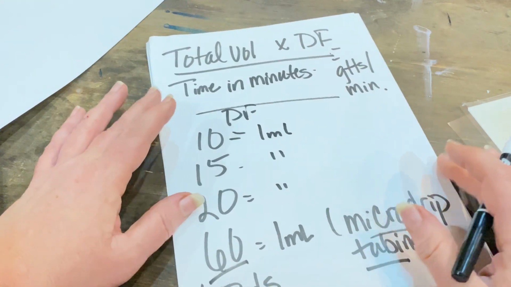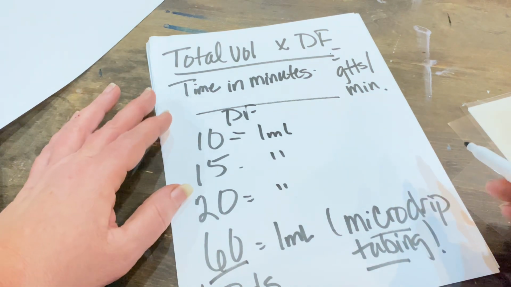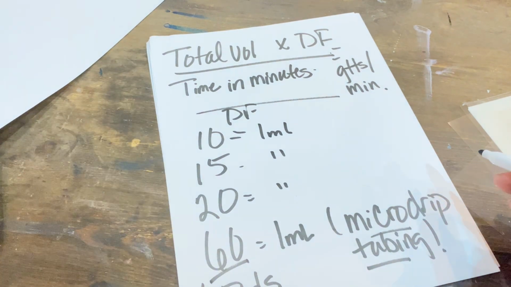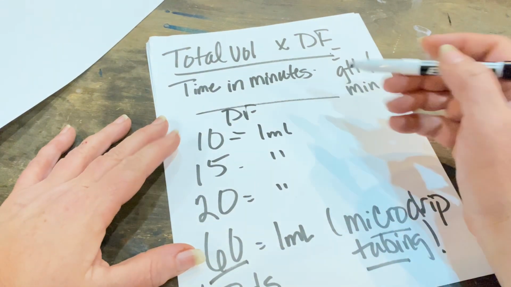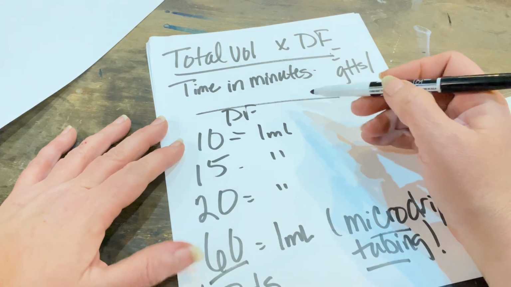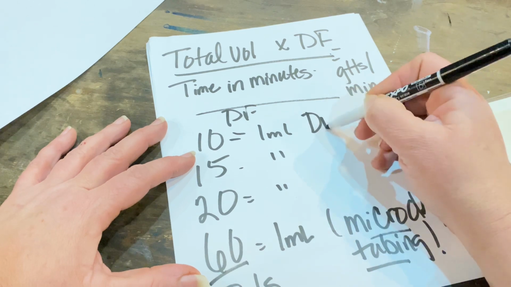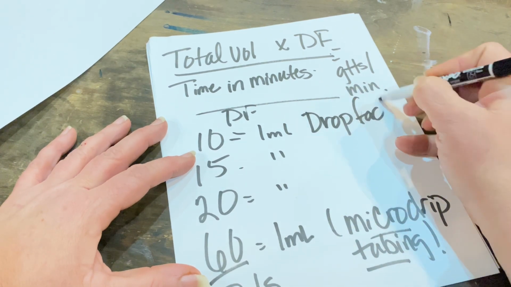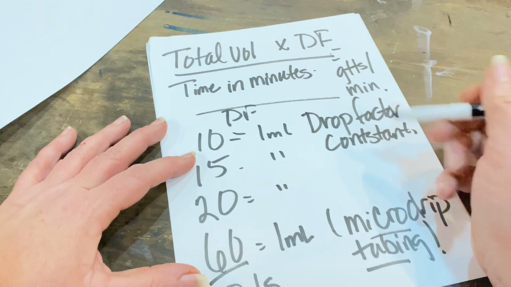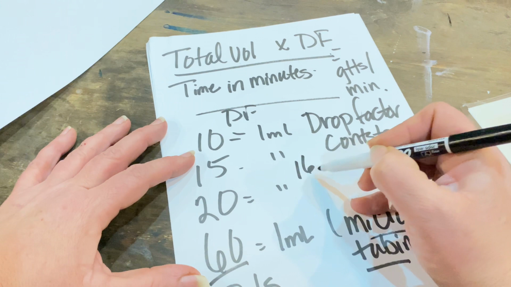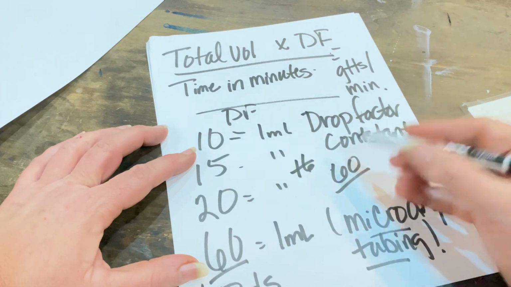They also talk about a drop factor constant. She may put that on there. If she wants to know the drop factor constant, all you have to do is do 60 over 10.